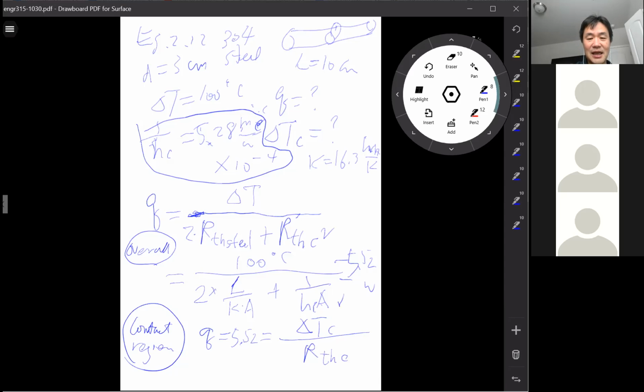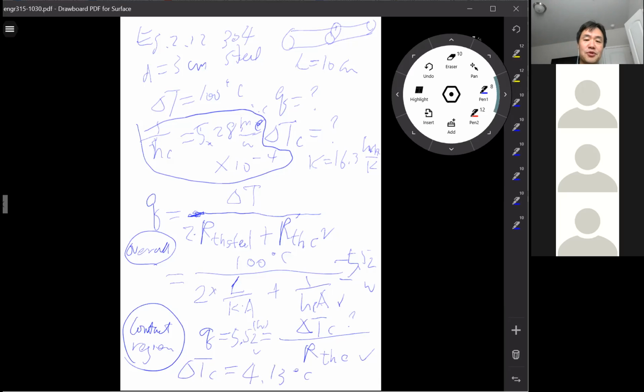Then the left-hand side equals Q. Q is not given, you calculated 5.52 watts. So you should be able to calculate based on these two pieces of information. So your delta T_C is what? 4.13 Celsius.